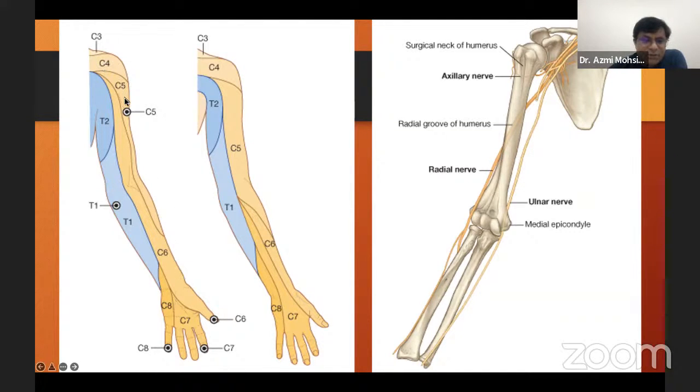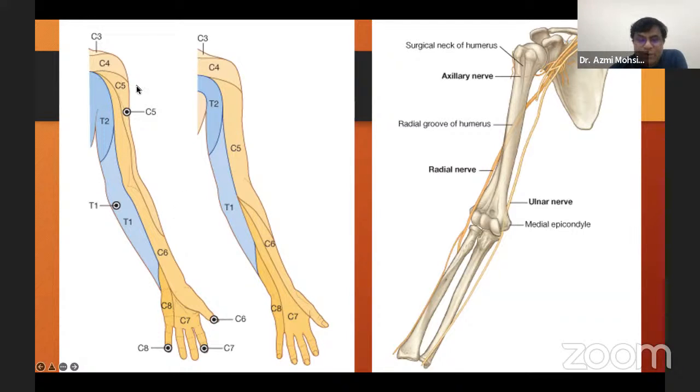C4 and C5 spread along, C6 reaches the thumb, C7 the middle digits, and C8 the little finger, the pinky finger, and T1 along the medial border of the forearm and the lower portion of the arm. And T2, I already told you, is the intercostobrachial nerve, which innervates the skin on the upper medial side of the arm, including the floor of the axilla.